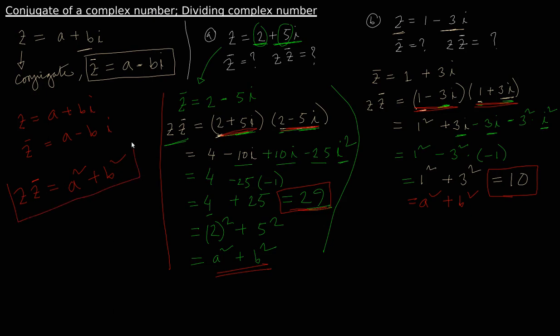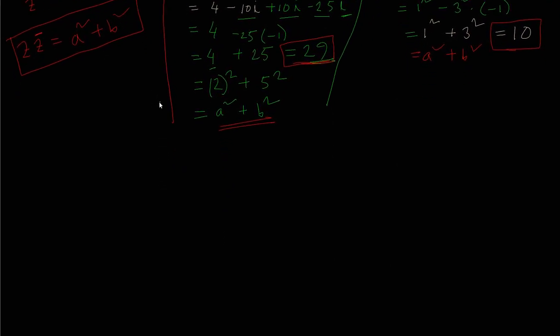Remember that we are going to use this fact whenever we deal with two complex numbers. That is the introduction and problem solving regarding the conjugate. Now we are going to try to divide two complex numbers. Dividing two complex numbers is also pretty simple and easy, so let's start.